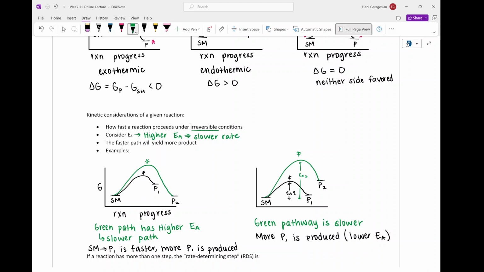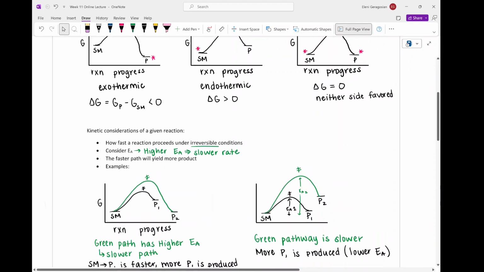That's because the activation energy, the energy of the transition state, tells us how much energy the starting materials need to have in order to overcome that barrier to produce the product. So if more energy is required of the starting material, that takes more time for the starting material to absorb that energy. So higher activation energy, slower rate.